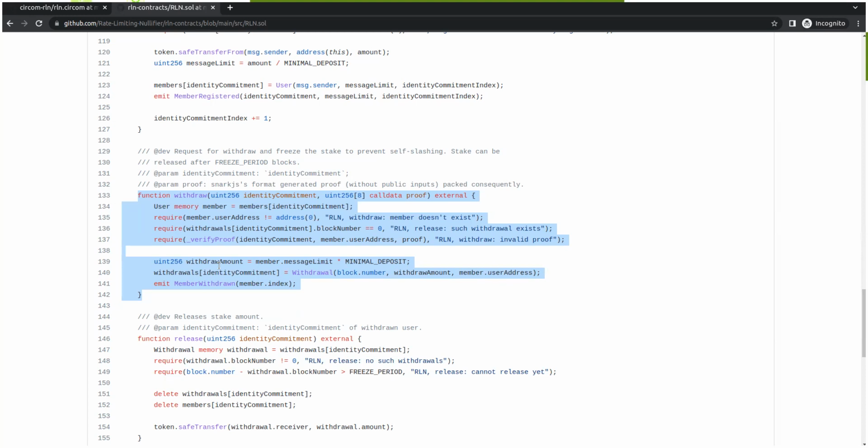Before that point, I can send as many messages as I want, and I will be penalized only the minimal deposit. Also, your internal nullifier is just repeated twice if you spam, so nodes can easily decline your messages on the network layer also, right? Does it make any sense? Yeah, it makes sense.